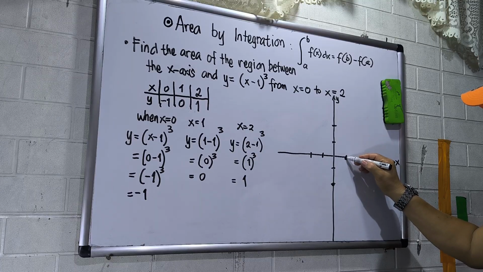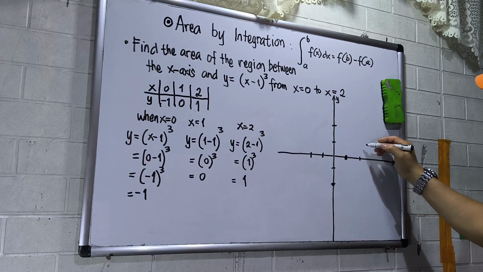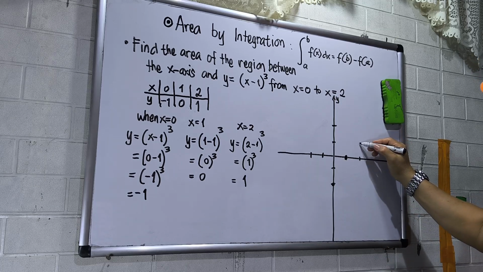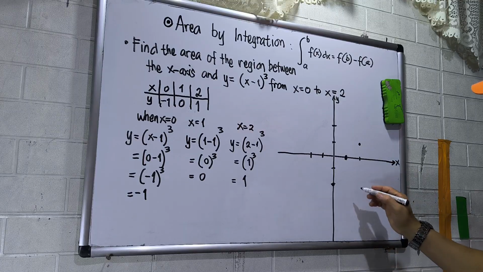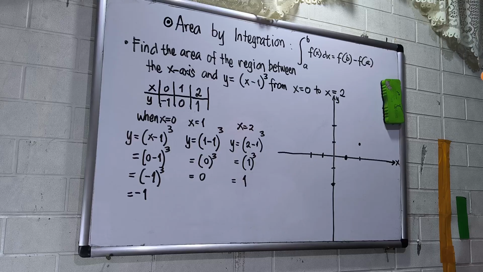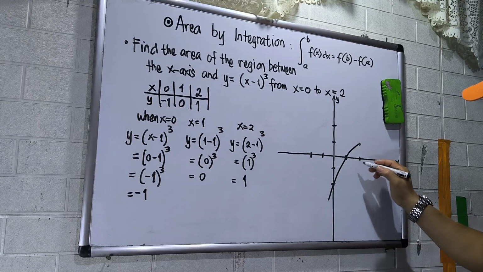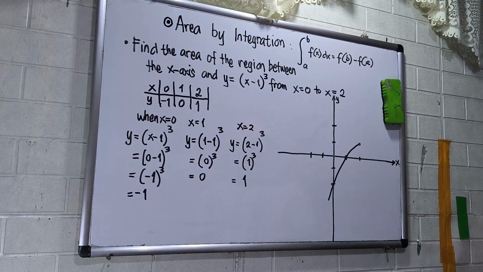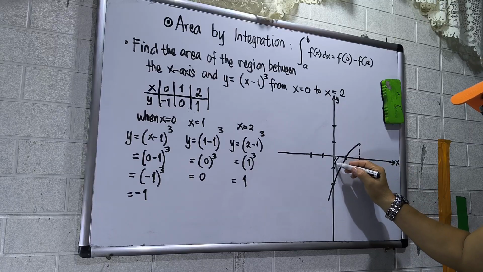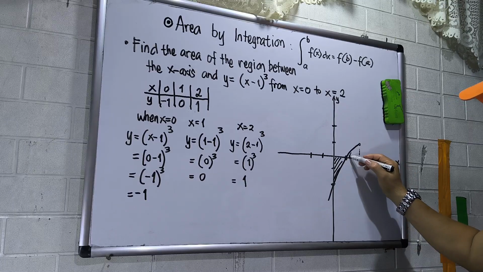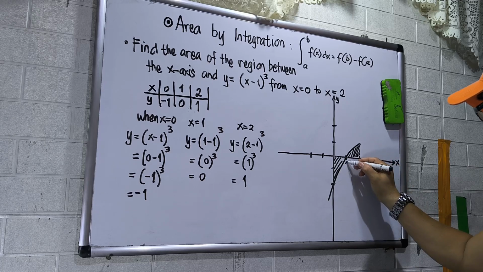So, in here. Then, (2, 1), so meaning, first quadrant. So, this will be the graph. This is 2 and then this is 1.